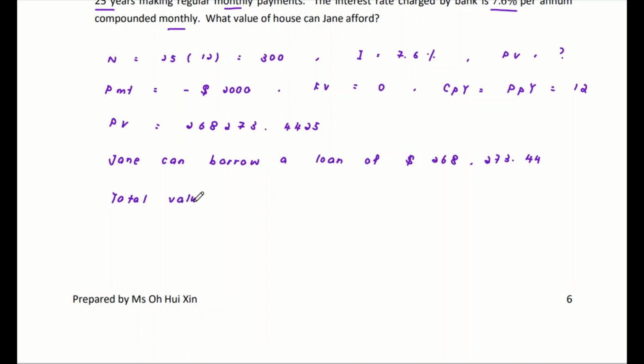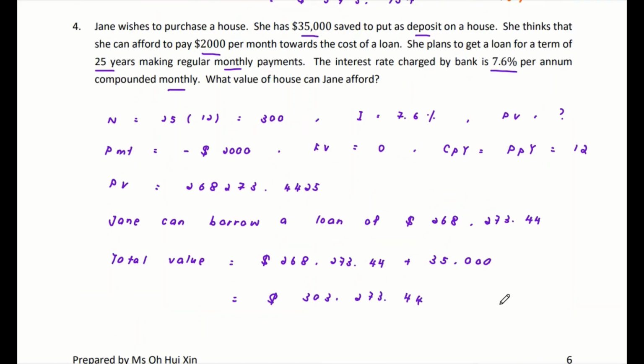Remember, the total value will be equal to the loan value plus the deposit she can put in before she borrows the loan. Just now we said 35,000, so add it up. In total, she can afford a house value of 303,273.44.